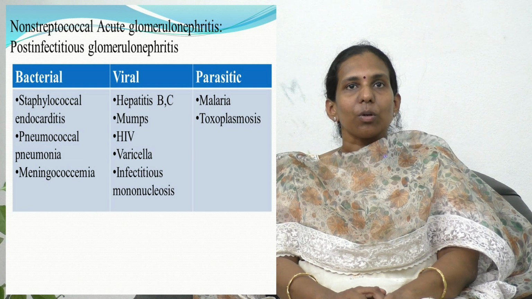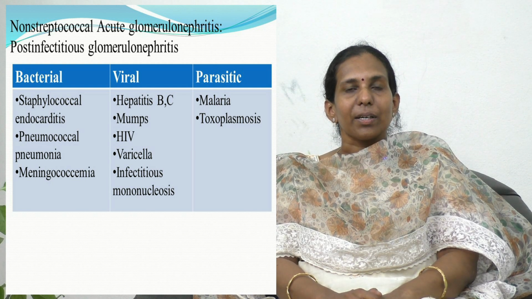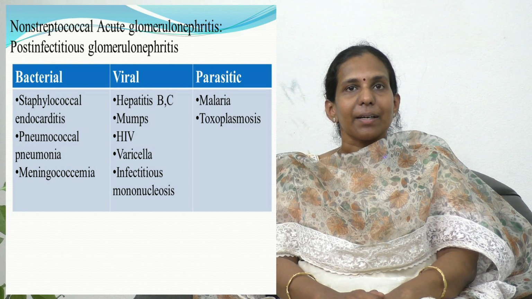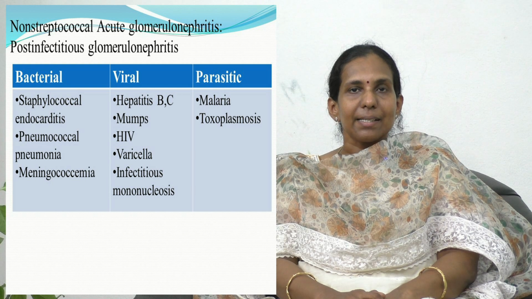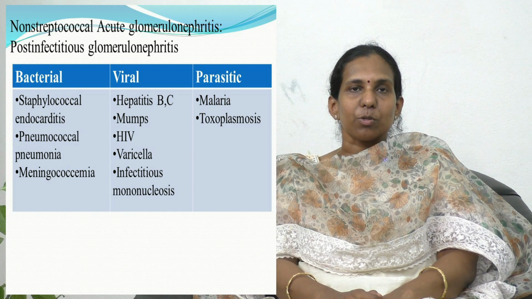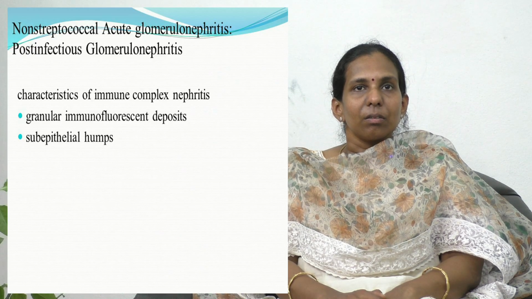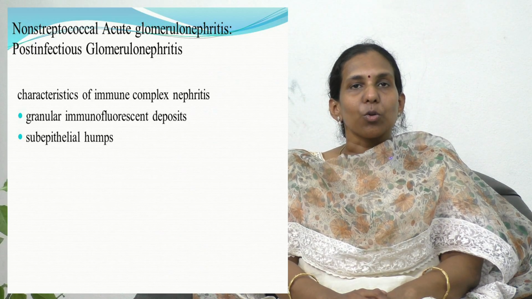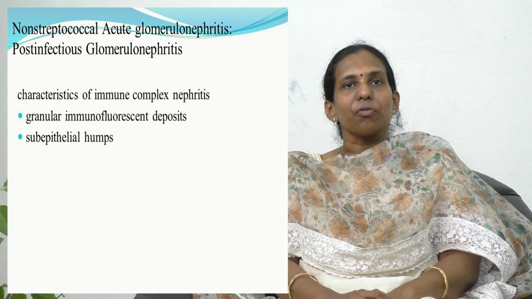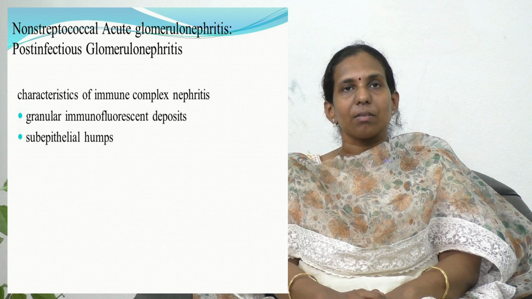The non-streptococcal causes of acute glomerulonephritis are staphylococcal, viral like hepatitis B and C, and parasitic infestations like malaria and toxoplasmosis. These are the characteristic immune complexes seen in the non-infectious type of glomerulonephritis.